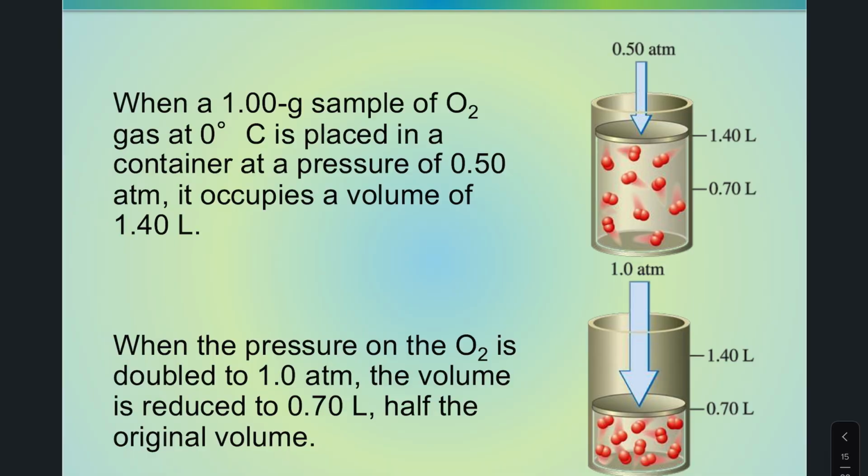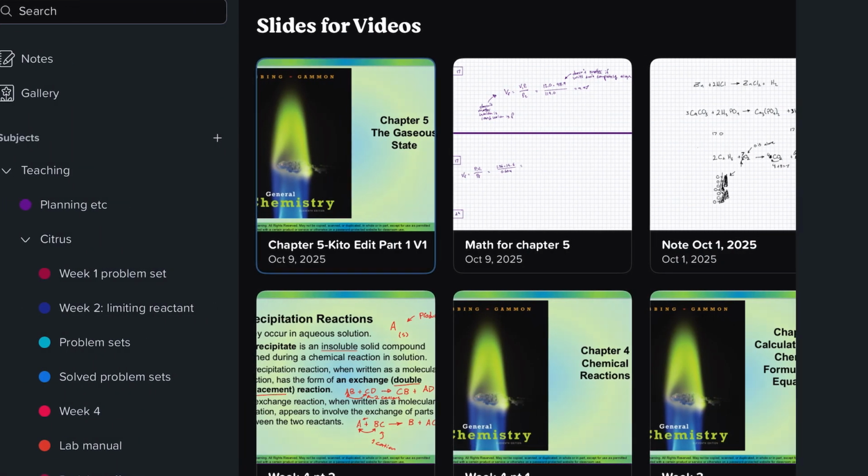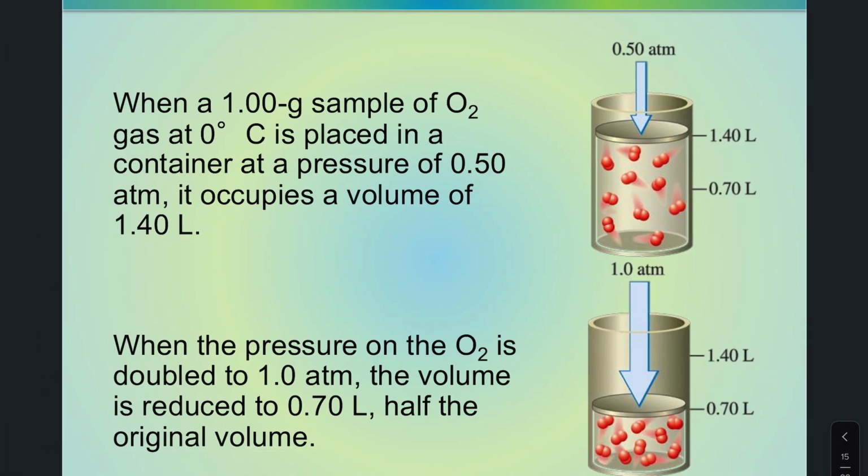Another way to look at this is that we have a 1 gram sample of O2 gas at 0 degrees Celsius. It's placed in a container, so this could be like the piston of a car. At a pressure of 0.5 atmospheres, it occupies 1.40 liters.